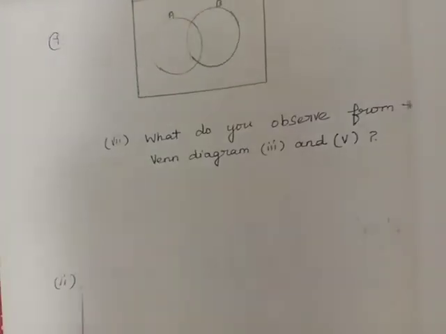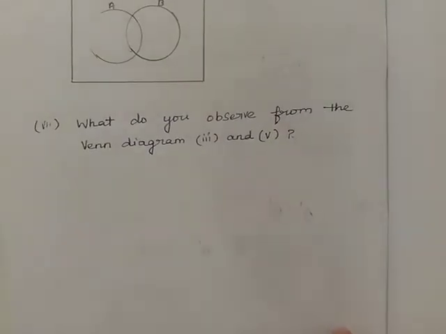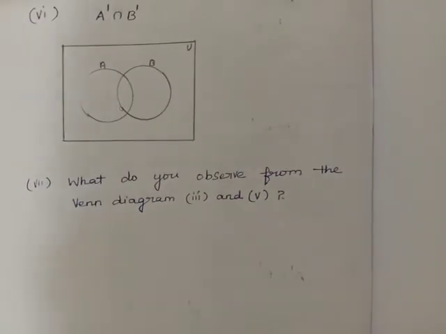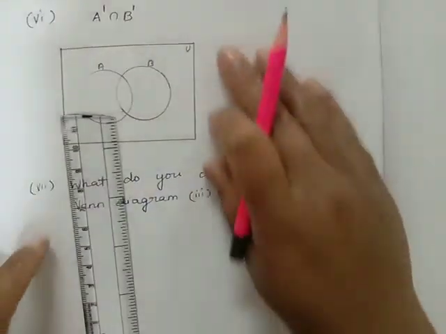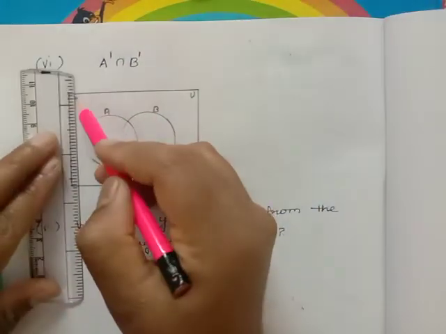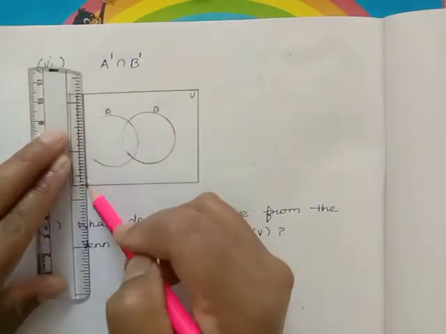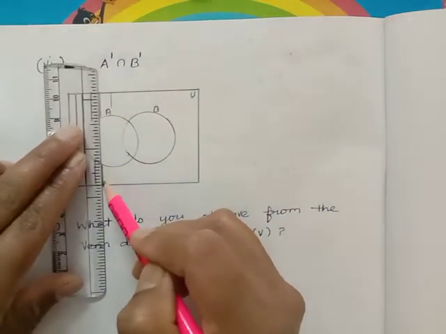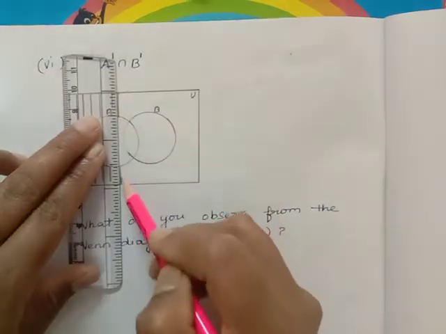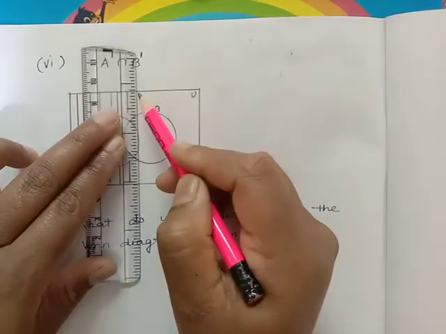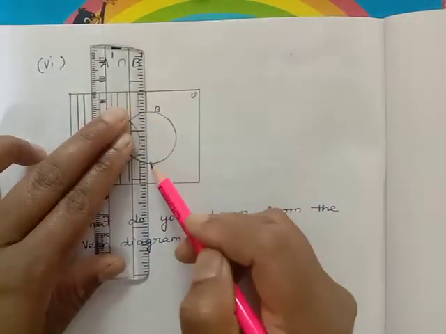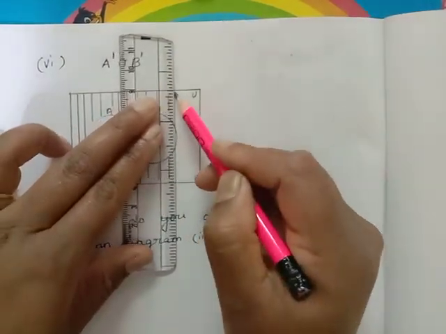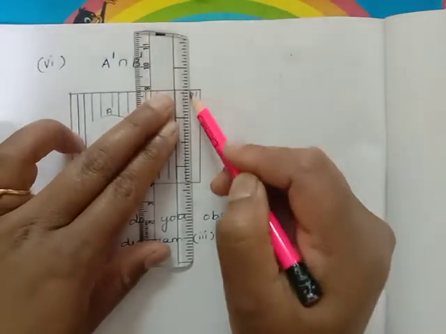So in A dash intersection B dash we cover only the outer portion. In A dash the outer portion is covered and in B dash the outer portion is covered. Both have the outer portion covered, which is common.